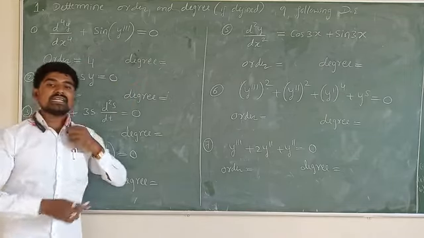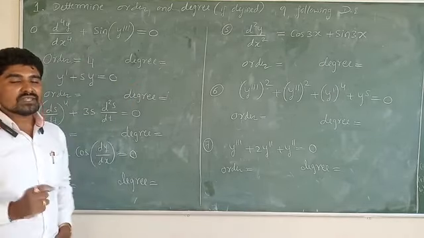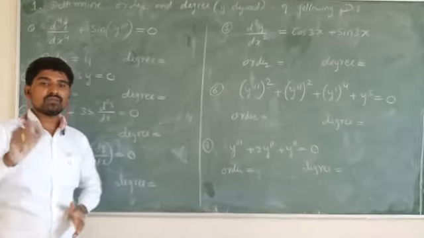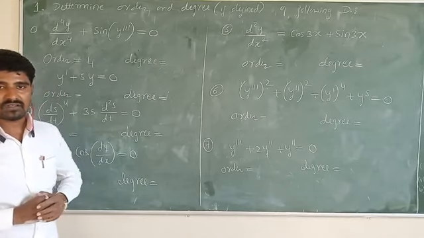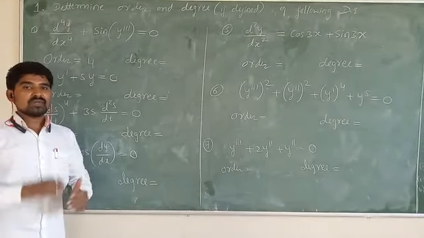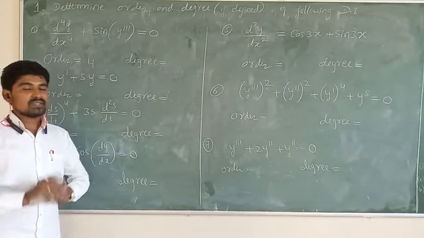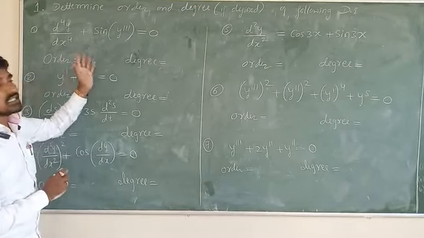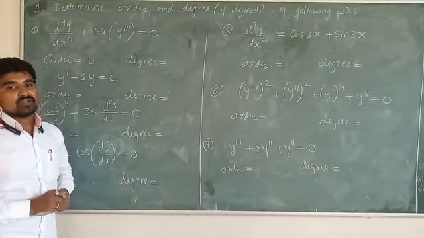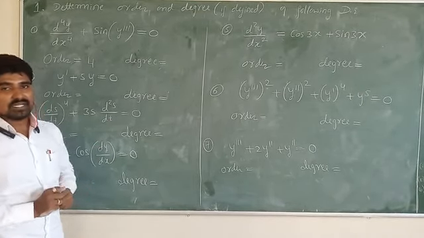When we are writing the degree of the differential equation, first we must conclude that the given differential equation should be polynomial in derivatives. Polynomial in derivative means the derivatives involved must be combined with addition, subtraction, multiplication, and each derivative must have a non-negative integral power.